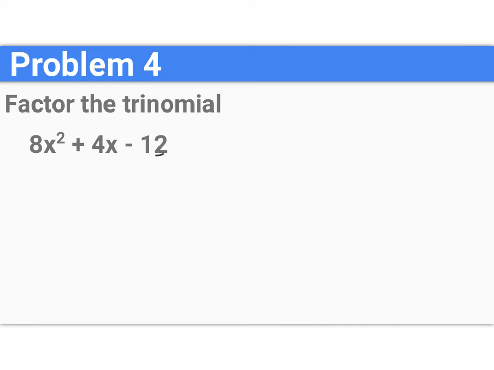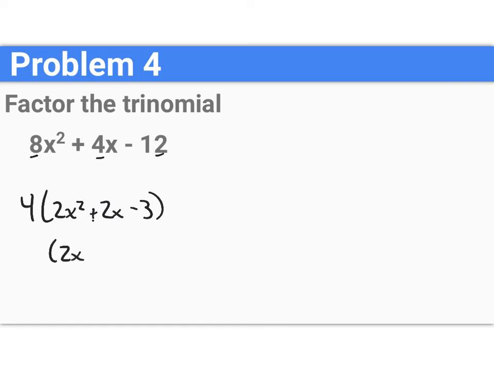Look at this. All of these terms have a 4 in factor, so we can factor a 4 out. And let's see what our trinomial looks like if we factor a 4 out. The factors of 3. This is going to be a little bit weird. You have a positive in the middle and a negative at the end, which tells you that one term is bigger by 2 than your other term.